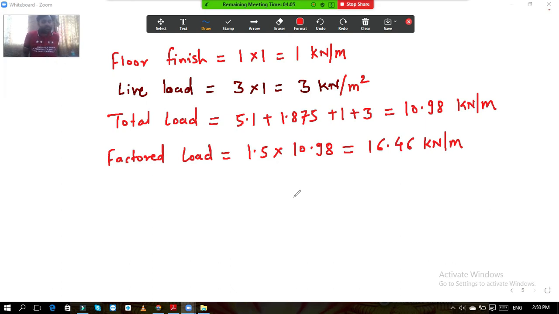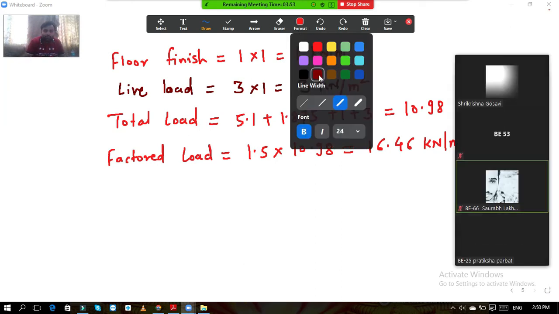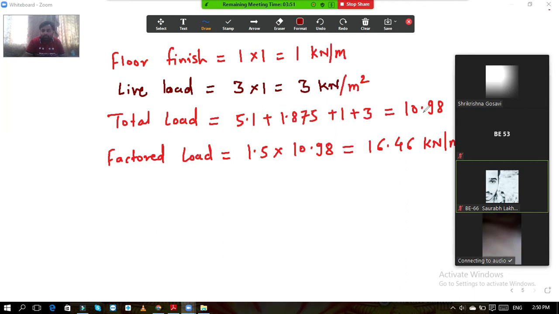All these loads will act on the waist slab. Similarly, we need to find out the loads on the landing also, landing slab. So here, load on landing slab.